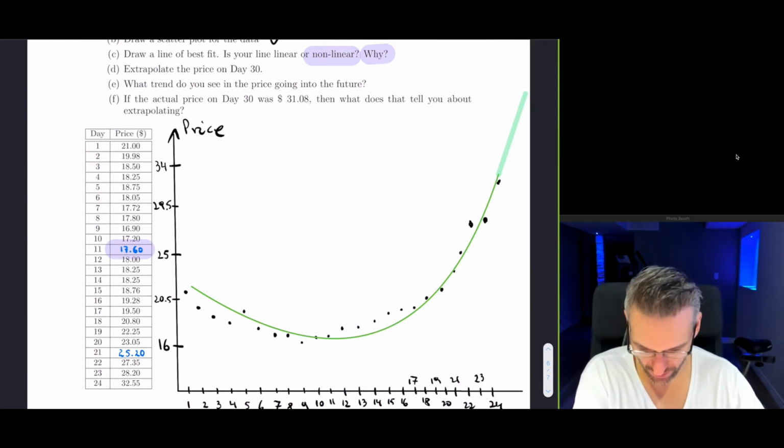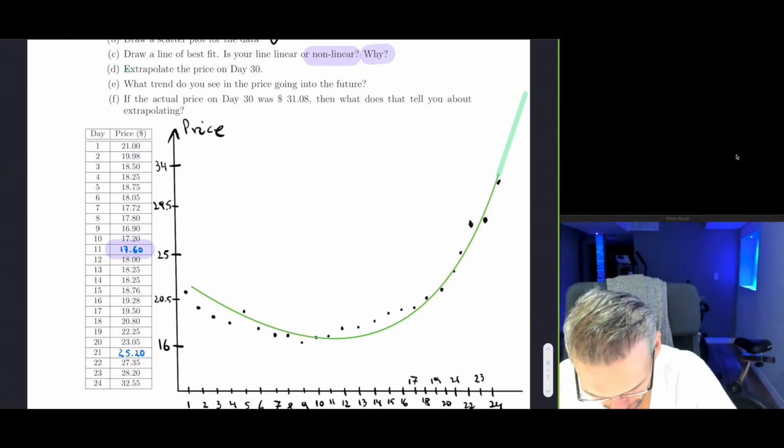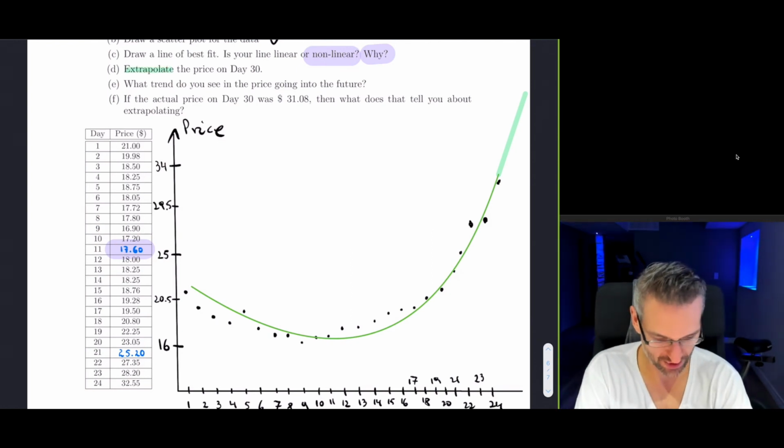So day 30 would probably be somewhere in the 40s or 50 range. In terms of approximation, to extrapolate this, I can say, all right, let's say $50 based on this extrapolated amount. That's what you could have answered for that. Now, what trend do you see in the price going in the future? It looks like this thing is going to skyrocket straight up.